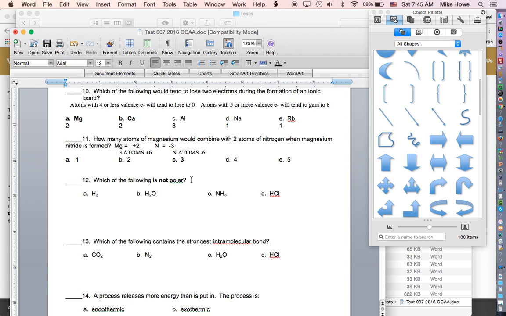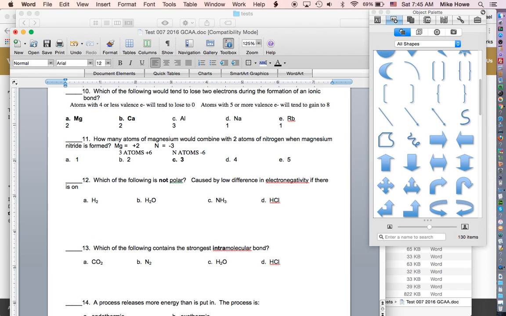Not polar means either caused by a low difference in electronegativity, if there is only one bond.